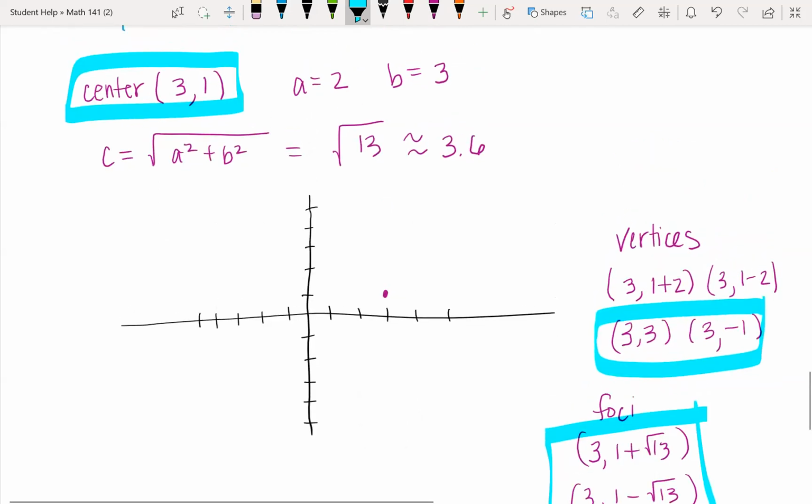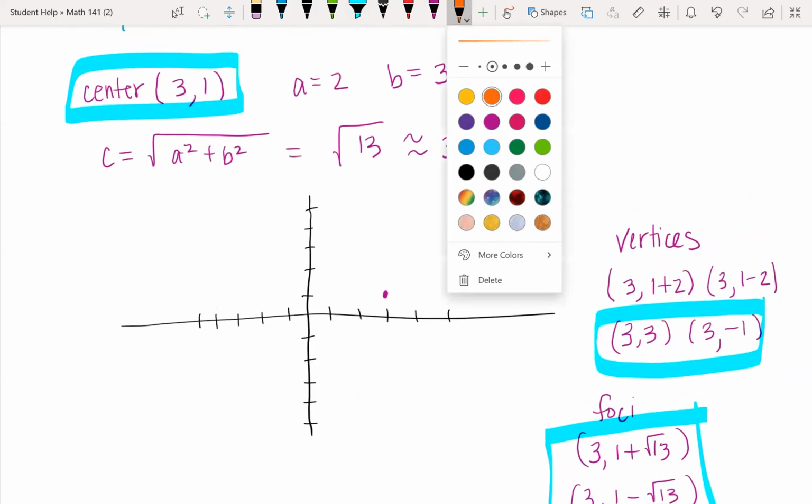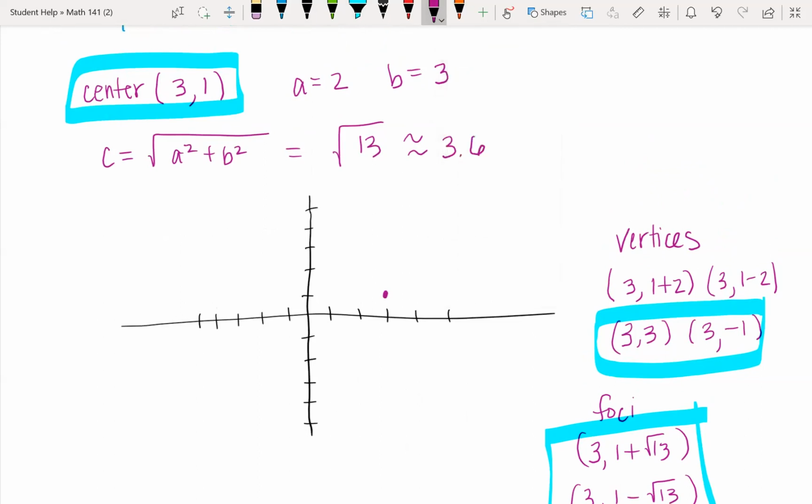I'll put a little mark approximately where those are. So let's see, our vertices are going to be 3, 3, so here, and then -1 here. And the foci are about 3.6 up. So let's see, 1, 2, 3, so about here, and about here.